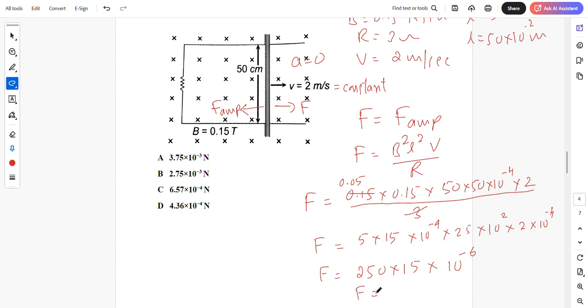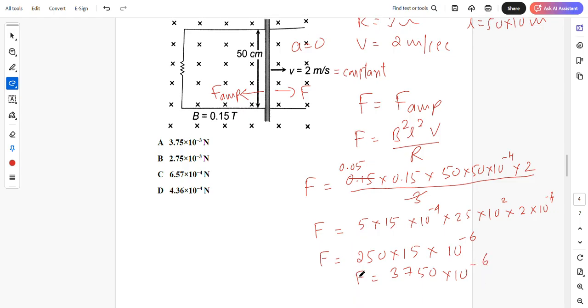How much is 250 into 15? 3750. So that is the same as F equal to 3.75 into 10 to the minus 3 newtons. Hope you have understood. This is the right answer.